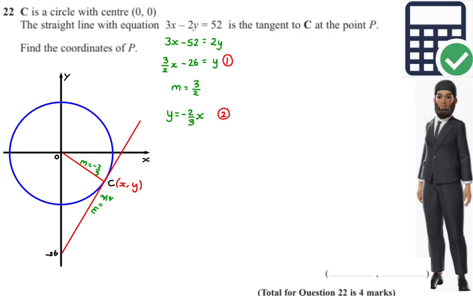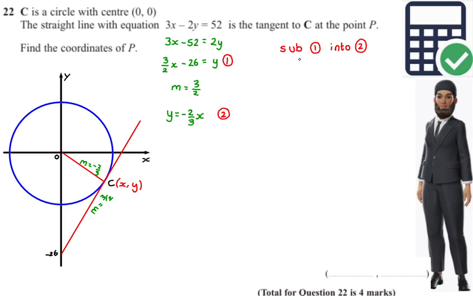First we're going to substitute equation number 1 into equation number 2. And what will that give us?